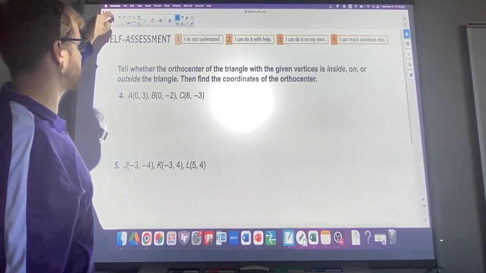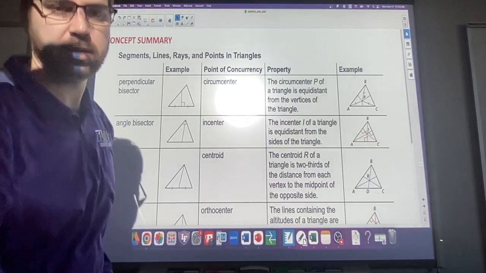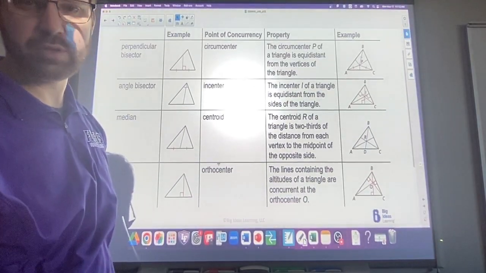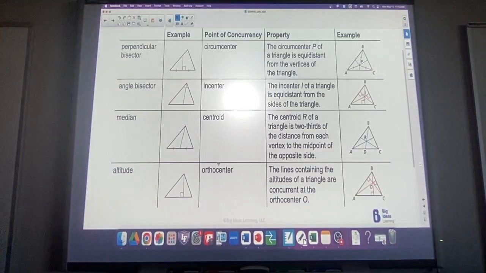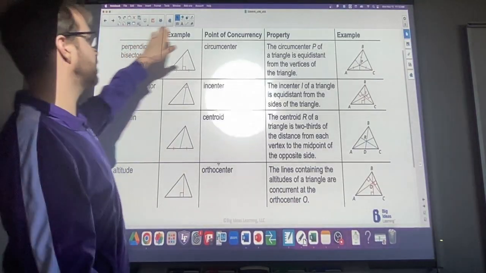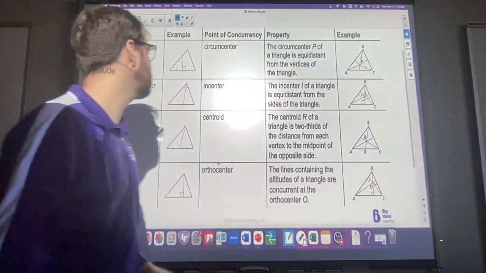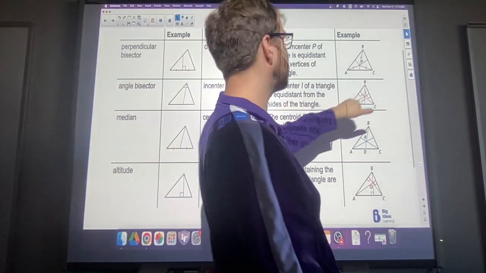I'll show you one other thing here. Okay, this. This here lays out all the centers of a triangle, and the properties. So we had perpendicular bisectors make the circumcenter, which is equidistant from the vertices. Angle bisector makes the incenter, which is equidistant from the sides.